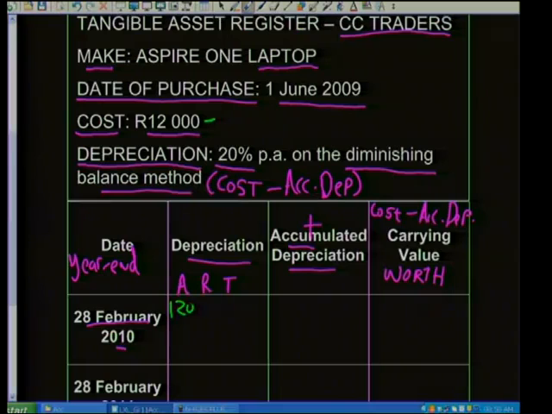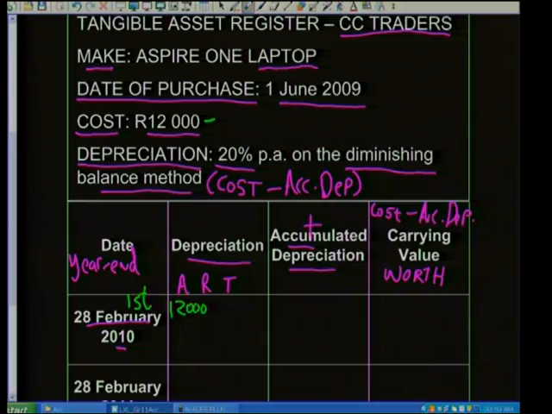And remember, because it's the first financial year, there's obviously no depreciation or accumulated depreciation for me to subtract. So I'm simply going to take my cost price, which is the amount of 12,000. I'm going to multiply this by the rate. Now the rate is given to me at 20% per annum. So multiply it by 20%.